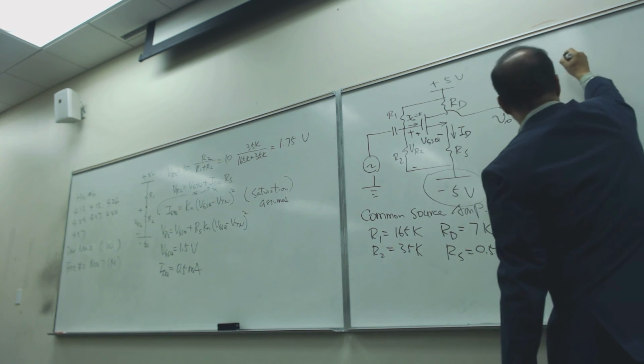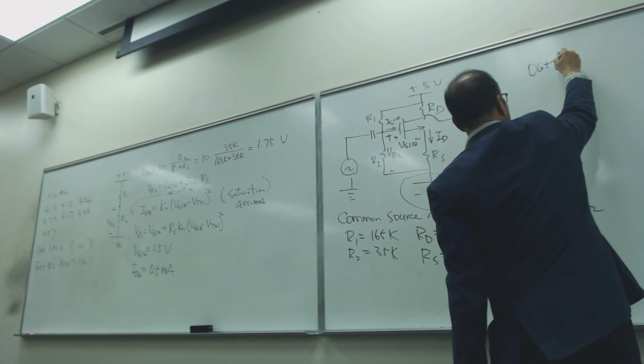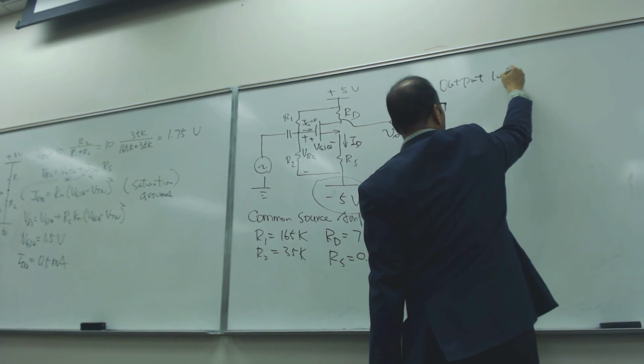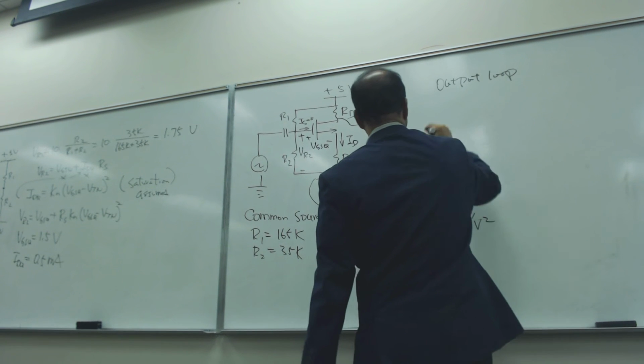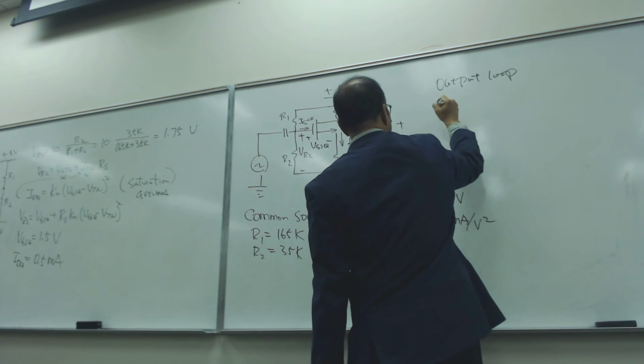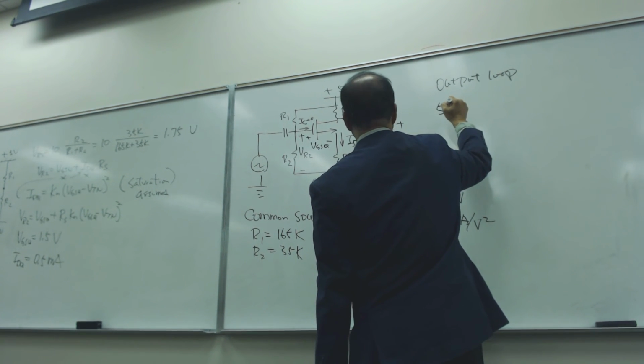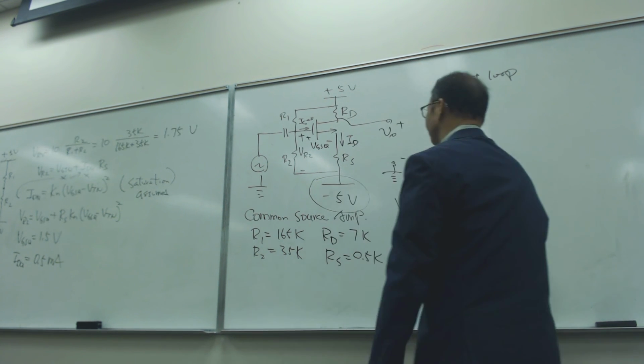Okay, so now you go to the output loop, right? Go from the top to the bottom. So basically you have a 5-0, right? There's a 5-0 here, so actually 5 plus 5, right?